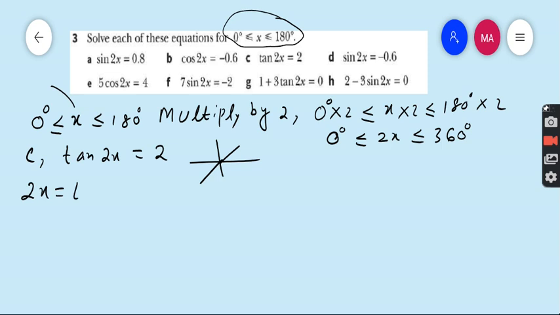Now 2x is equals to tan inverse 2. Tan inverse 2 is 63.4, and the second value must be 180 plus 63.4.